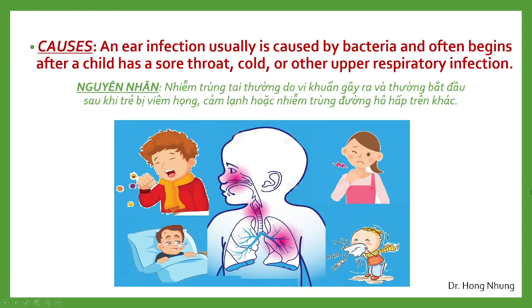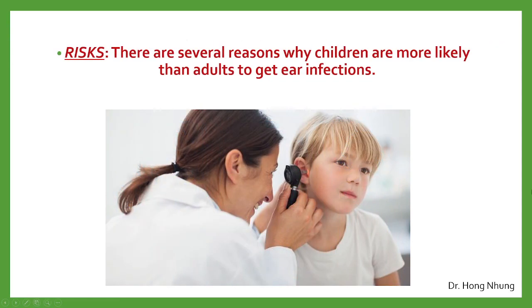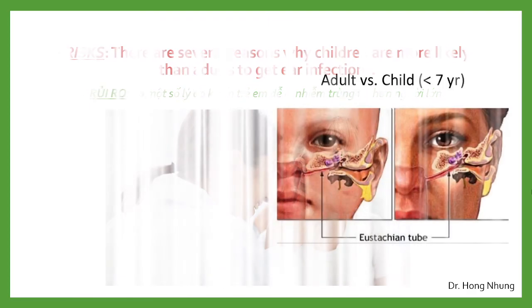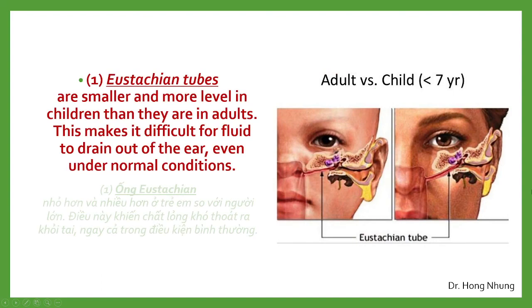Causes. An ear infection usually is caused by bacteria and often begins after a child has had a sore throat, cold, or other upper respiratory infection. Risk. There are several reasons why children are more likely than adults to get ear infections. 1.